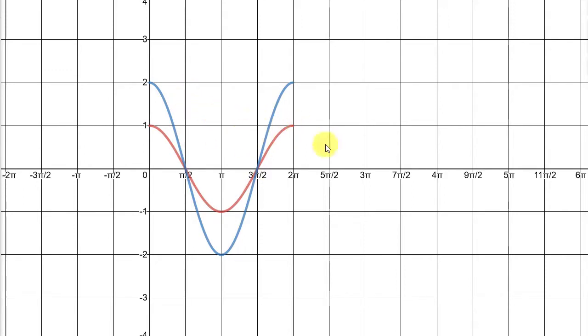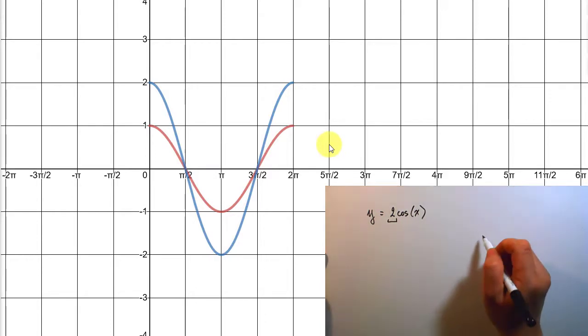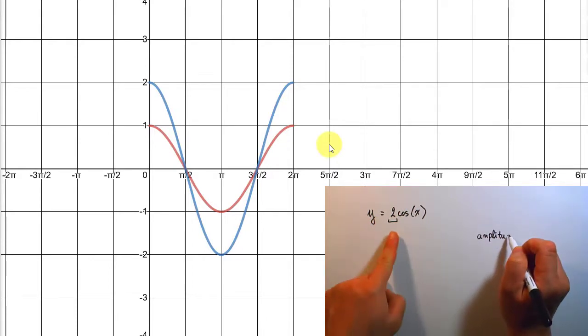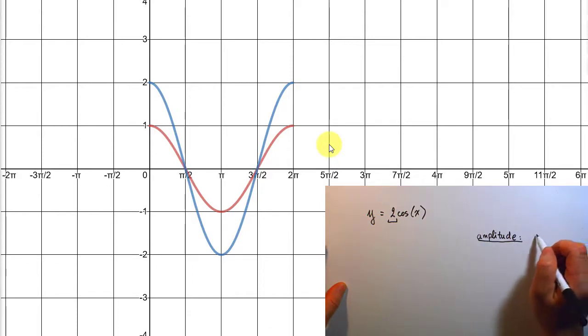So we can note our observation: the amplitude of this function, 2 cosine of x, is changed to positive 2.